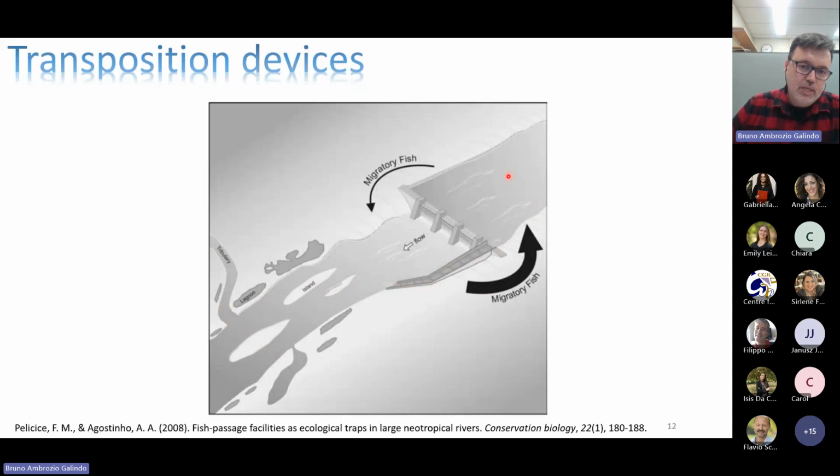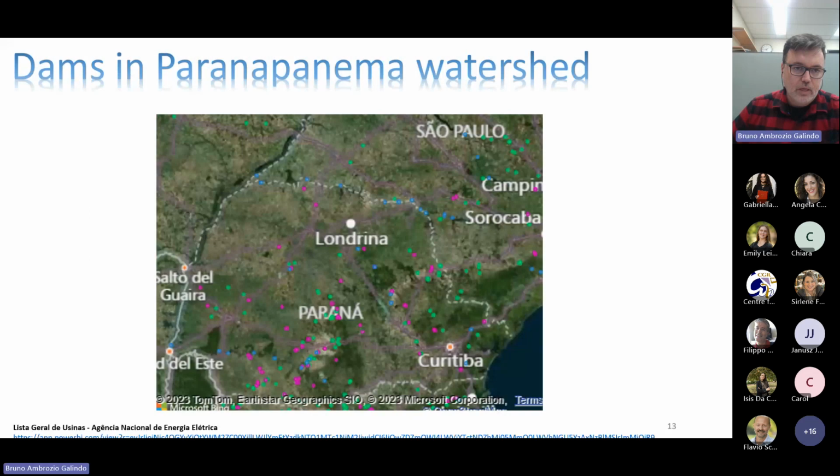And when the fish get to upstream areas, they won't find any proper area for reproduction. So they won't reproduce. And they can't find the way back to the downstream environment. On the other hand, if we didn't have this transposition device, fish could probably find this tributary and reproduce in this tributary.